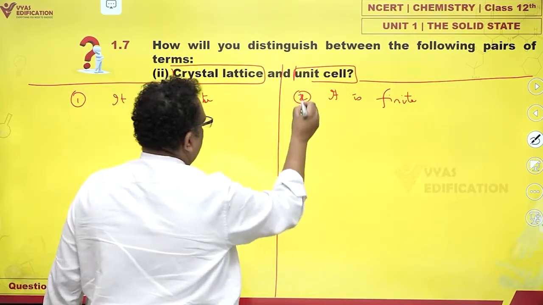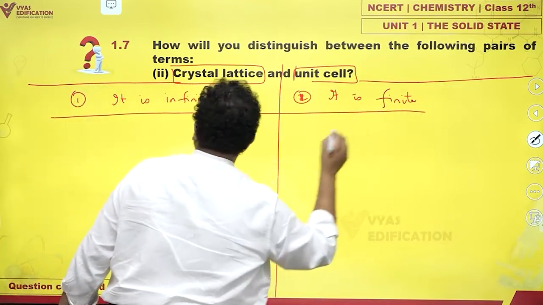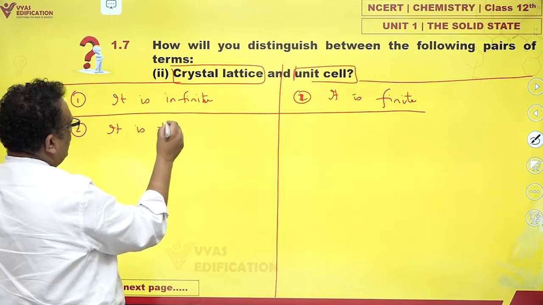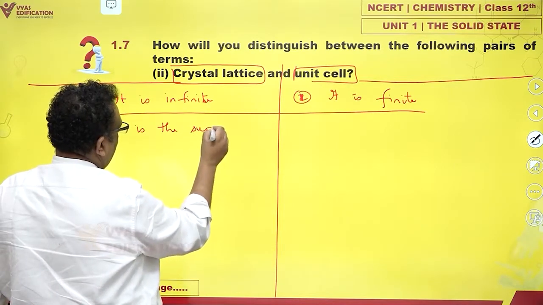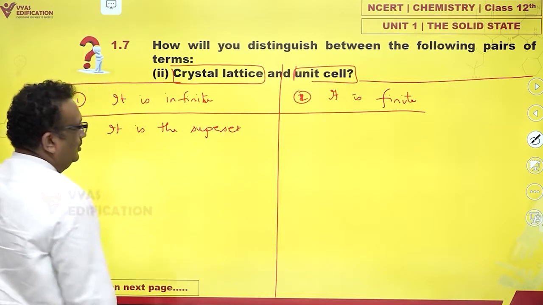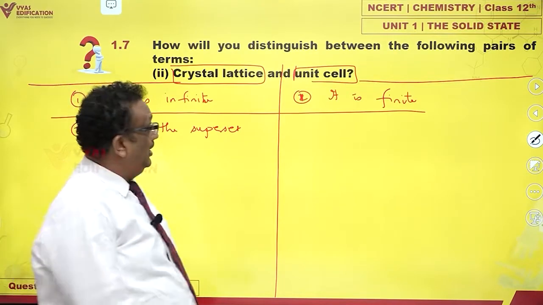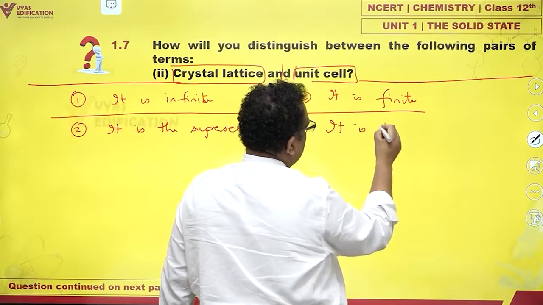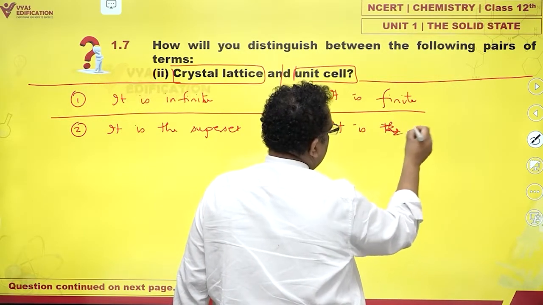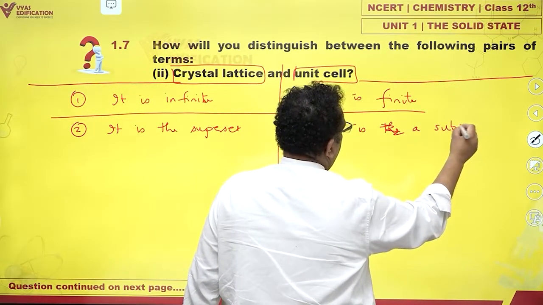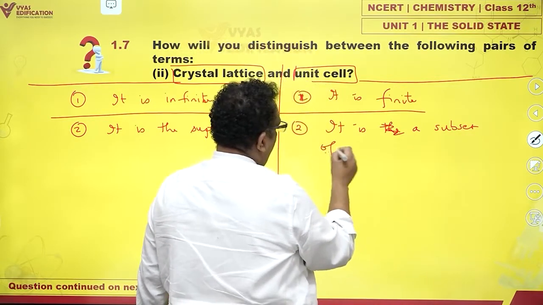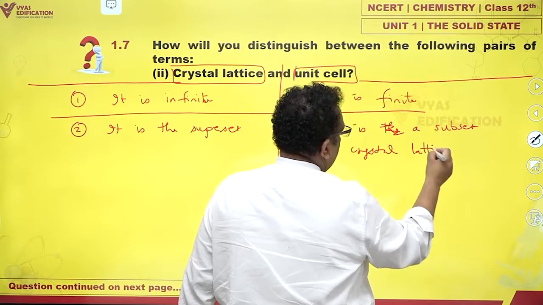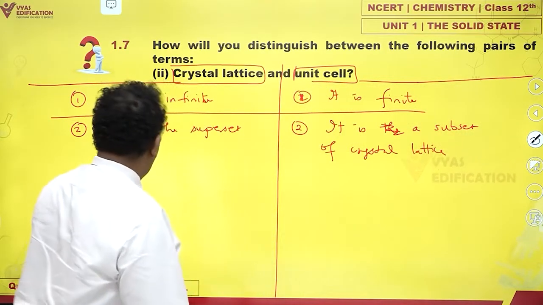Then, crystal lattice is the superset. And second point, unit cell is a subset of crystal lattice. Okay.